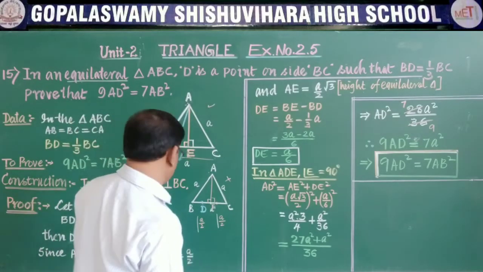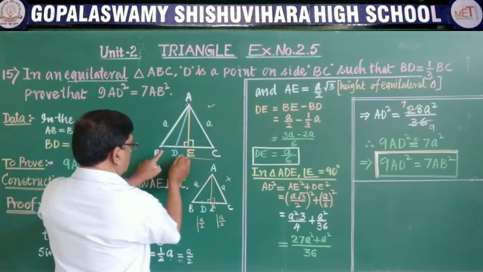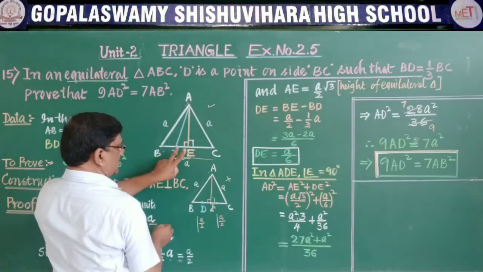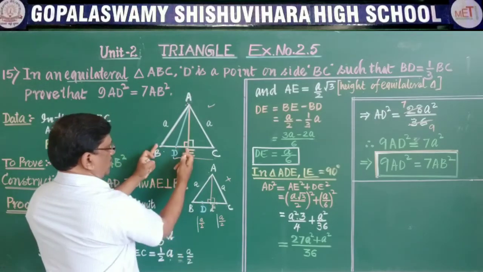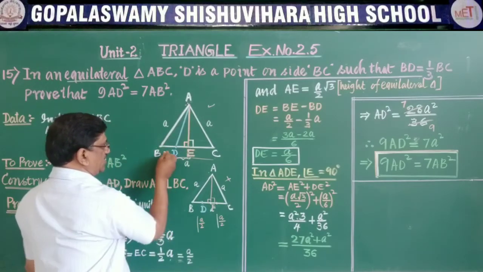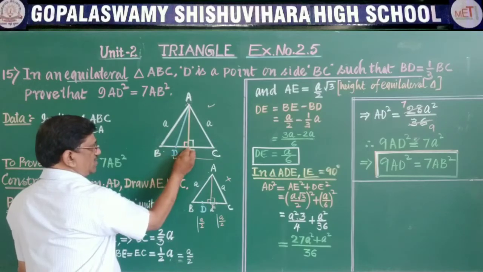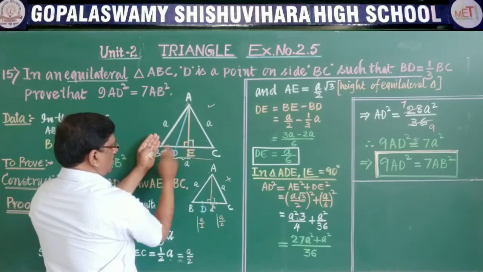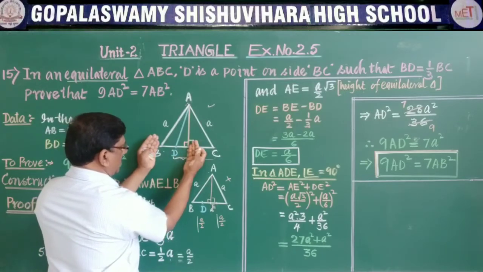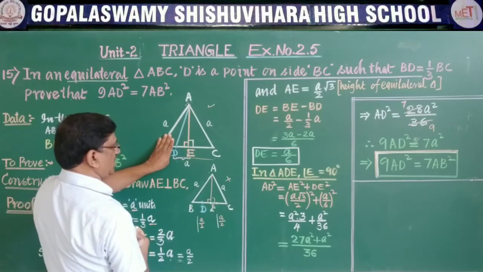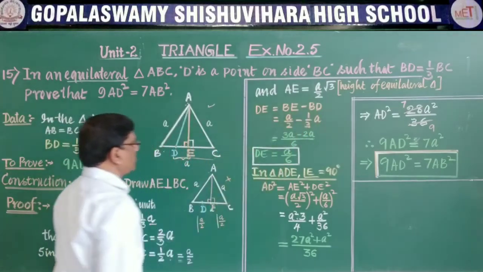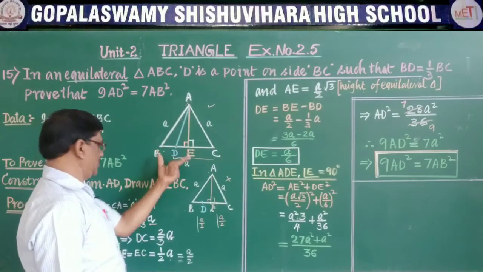So now you see, children, here the length of DE is equal to BE minus BD. What is the length of BE here?